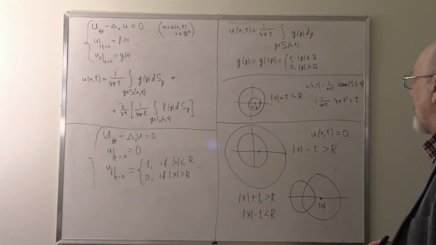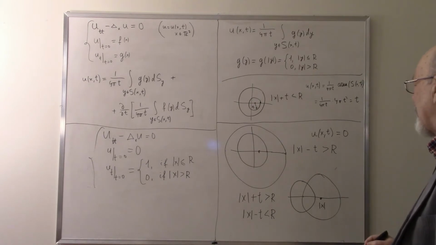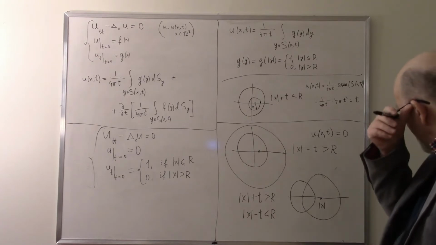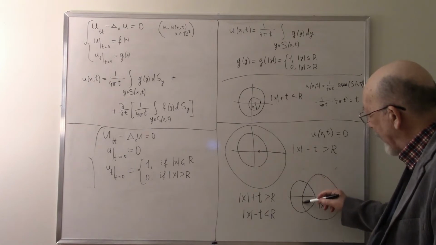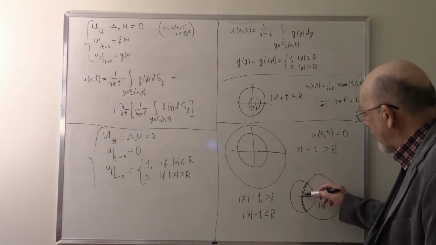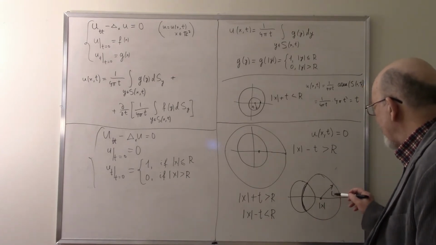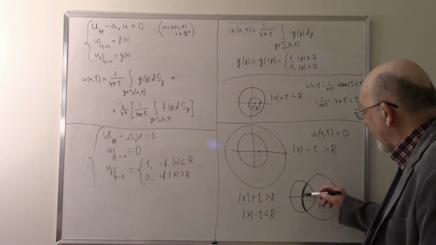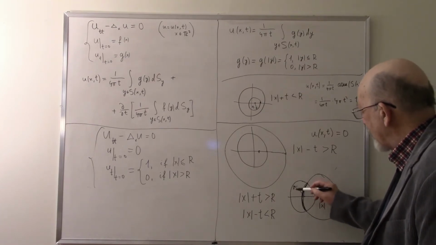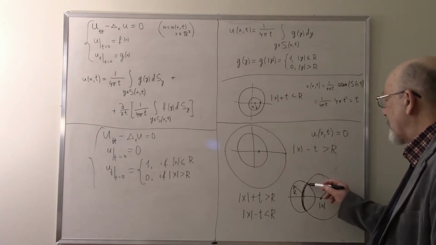And the last is this case. In this case, it will be something intermediate. So the problem boils down to finding the area of this part of the sphere of radius t, which is inside our ball of radius r, where the function g is 1.